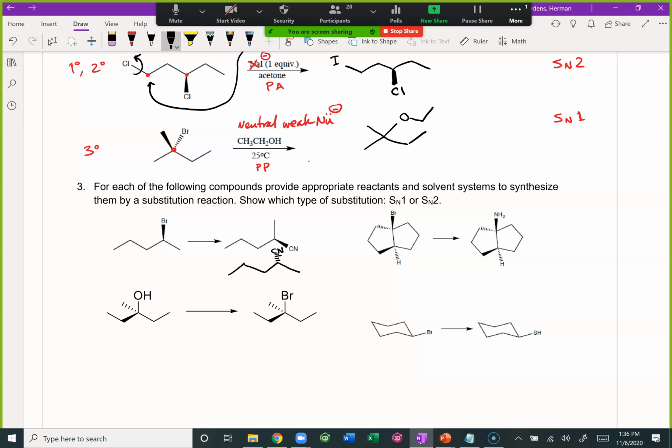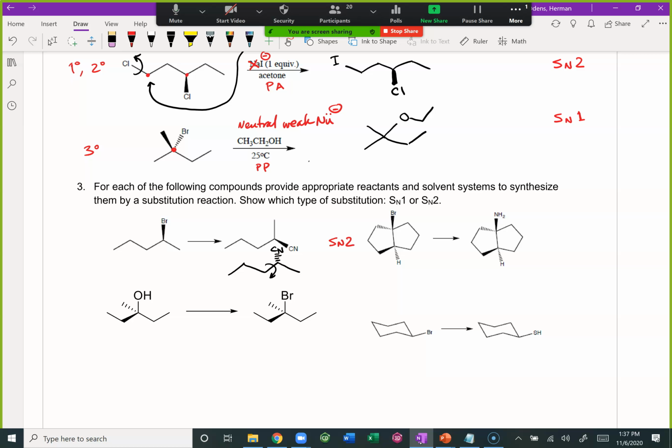But they rotated this bond. Actually, it was this one that they rotated so that it looks like that. You see that? Now the CN was down. When you flip it, it looks up. But it still came from an SN2 reaction, right? So this is an SN2 reaction.